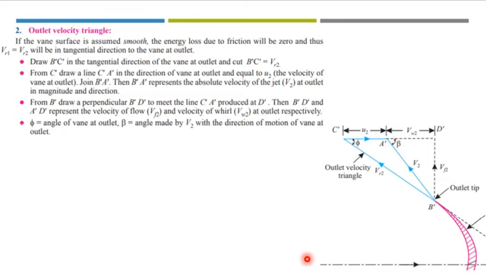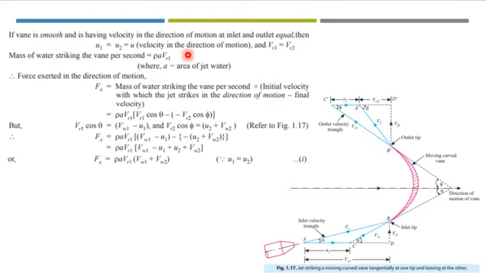And this phi is the angle made by vane at outlet, and beta is the angle made by absolute velocity with direction of motion of vane at outlet. So in this manner, you will draw these inlet and outlet velocity triangles.